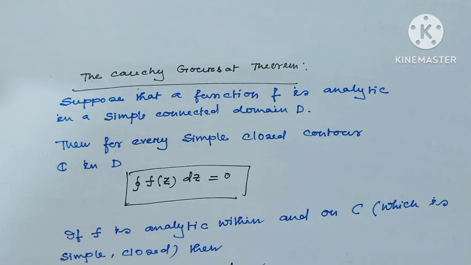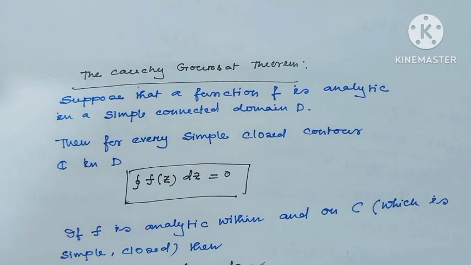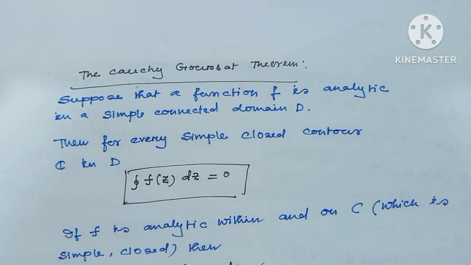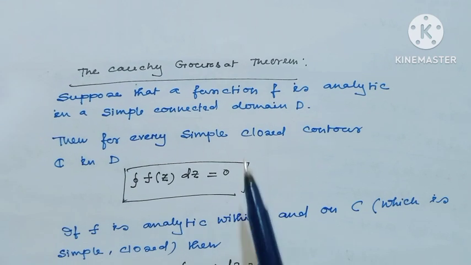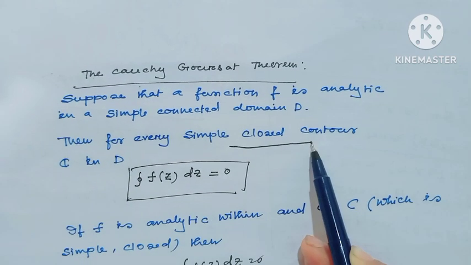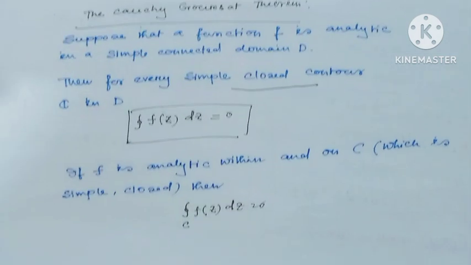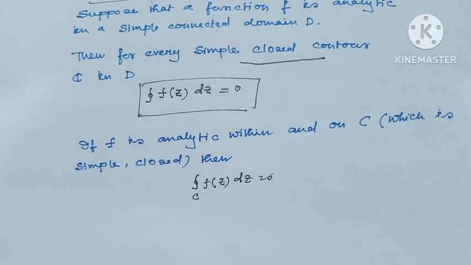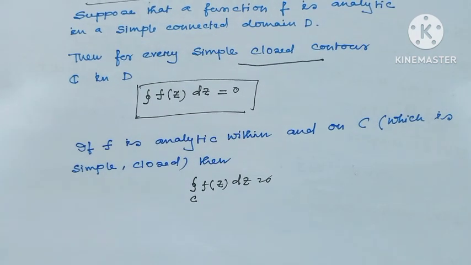Suppose a function f is analytic in a simply connected domain D. Then for every simple closed contour C in D, the integral of f(z) dz equals 0.